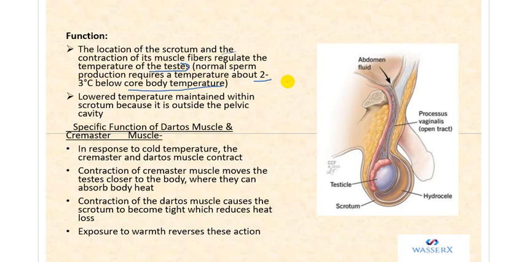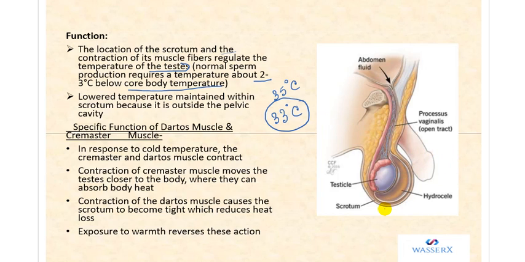So the human body temperature may be, for example, 35 degrees Celsius. The temperature should be 2 to 3 degrees Celsius lower in the scrotum, so it can be 33 in the scrotum, right?